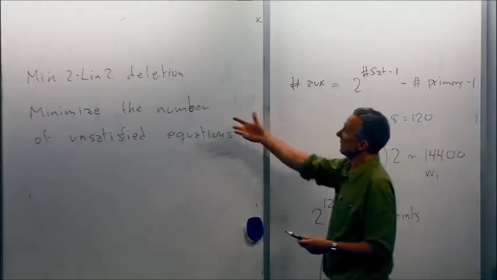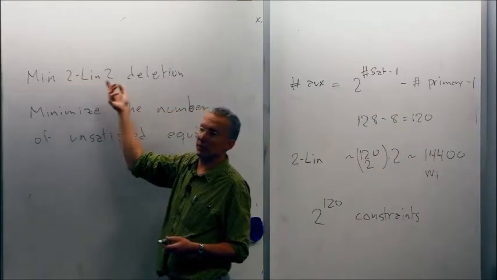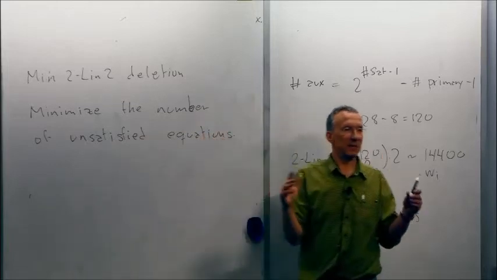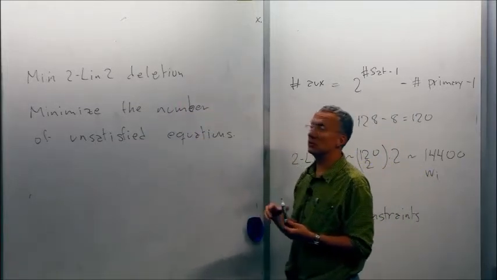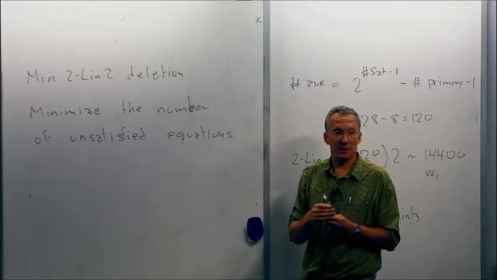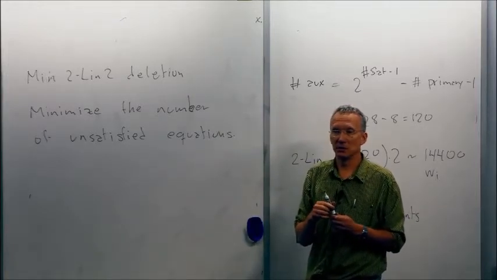I've done max-cut-in-2 so far, right? I try to satisfy as many equations as possible, and then you could get 11 over 12. But let's do min-2-lin, trying to minimize the number of false equations instead.